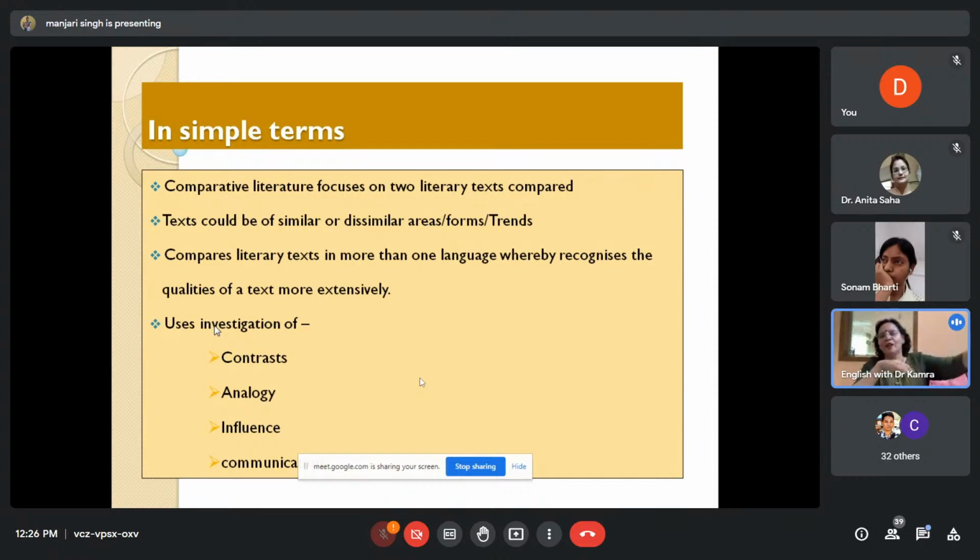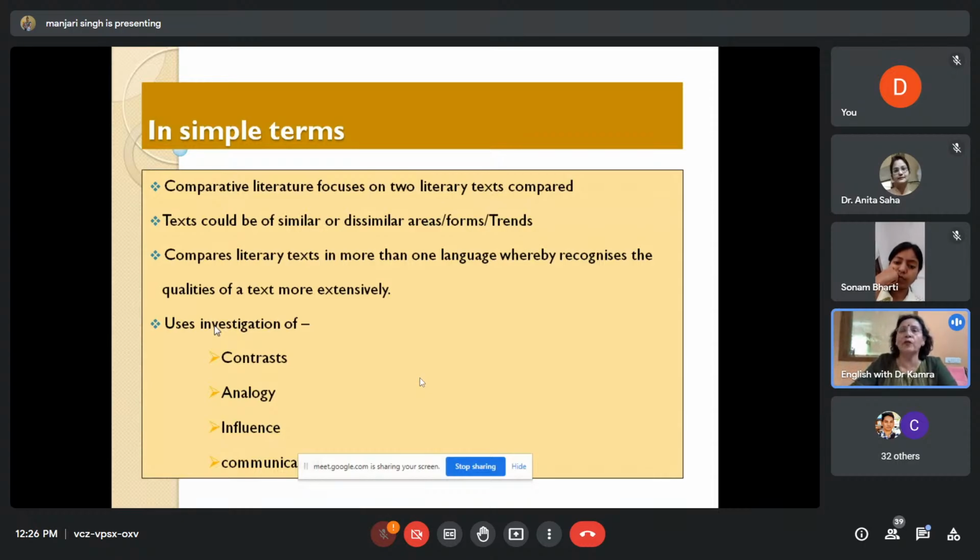That is, you have English literature written by the native writers on one hand, and those who have borrowed this language, making the rest of the world. And it traces the transformation and changes of literary genre and text across time and space. You'll find what changes have come in genres.